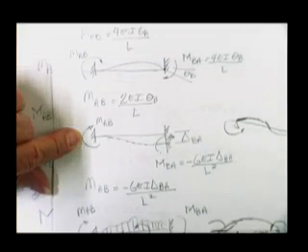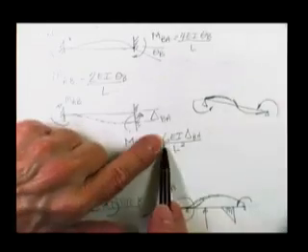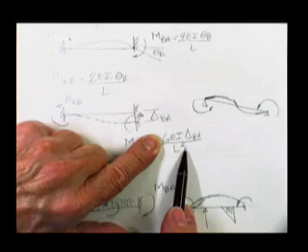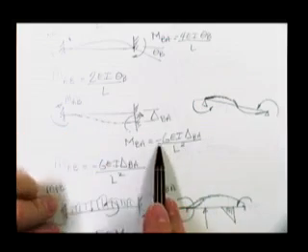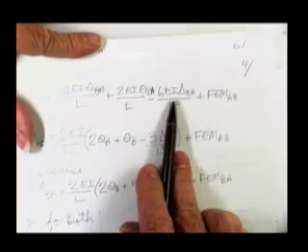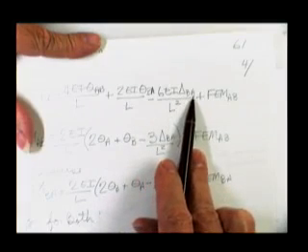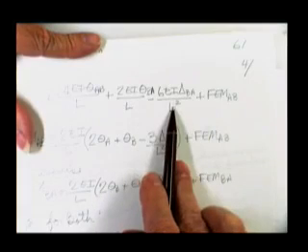That's not a positive moment at that end of the member, and therefore the moment is equal to 6EI delta over L squared, except it'll be a negative on that end. And there's your negative 6EI delta at B with respect to A divided by L squared.